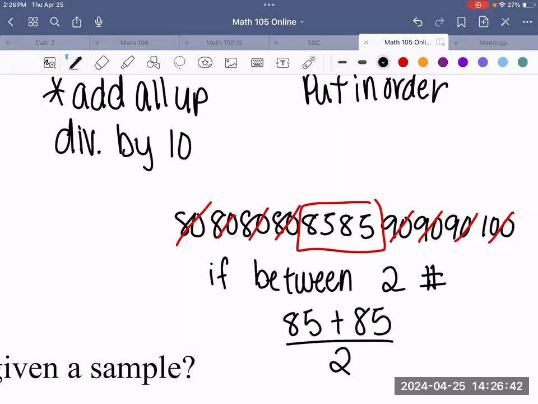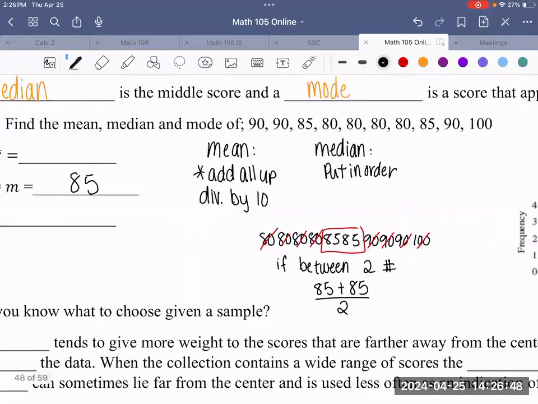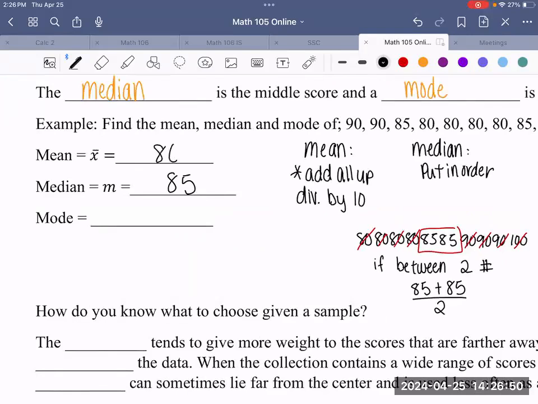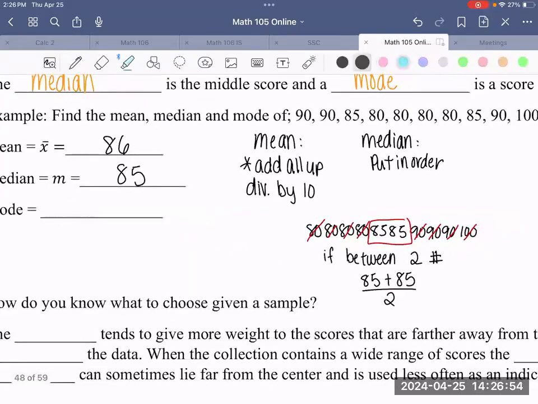That's only if it's an even number of scores or X values to start. Now your mean, I didn't put it up here, but it's going to be 86. And your mode is what happens most often, more frequently. Notice that 80 occurs 4 times and 90 occurs 3, so we have 80 here.